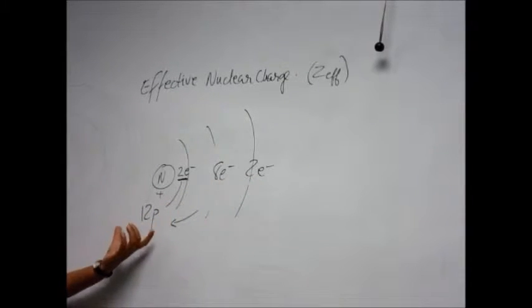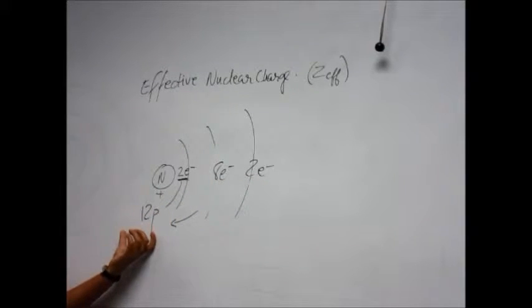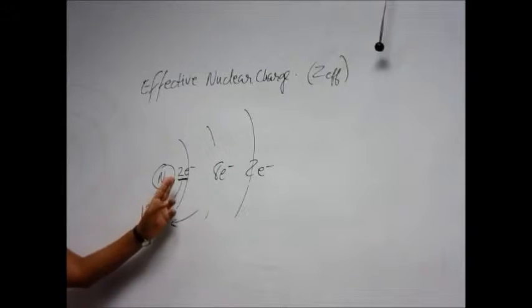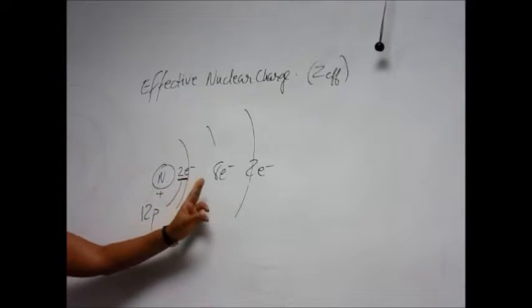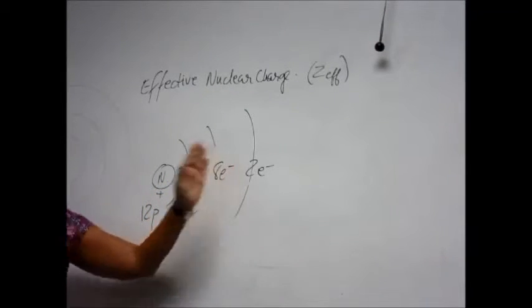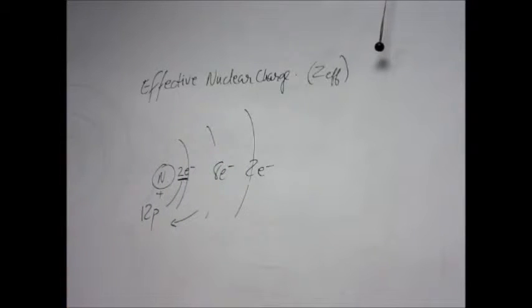So the effective nuclear charge these 12 protons are expressing is primarily for these 2 and then the 8. And so as the shell numbers increase, what happens to the effective nuclear charge? Increases or decreases? Decreases. And that's the most important concept. If you understand that concept, then the next 3 things that we're going to talk about are going to be very easy. Are we good with this?